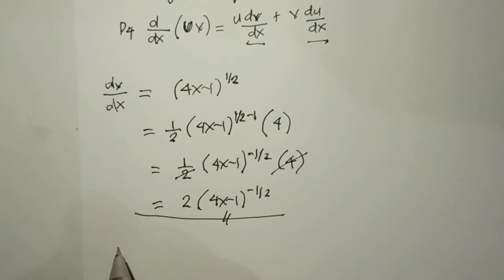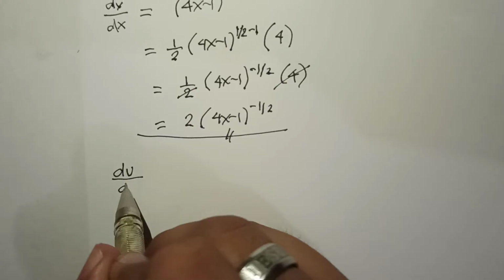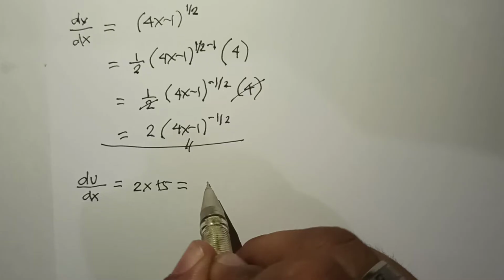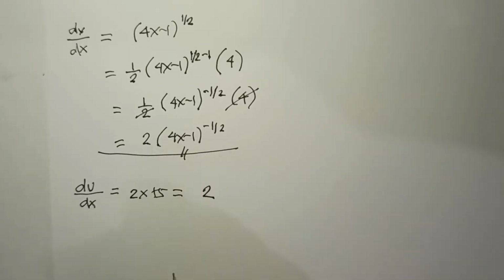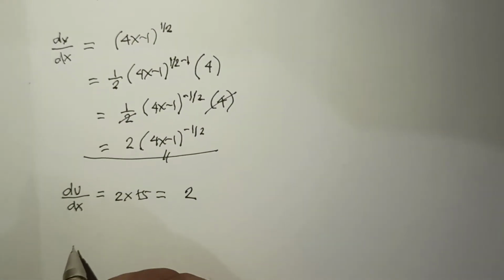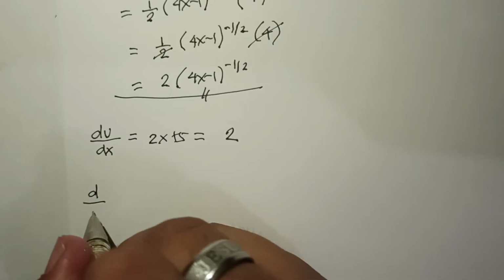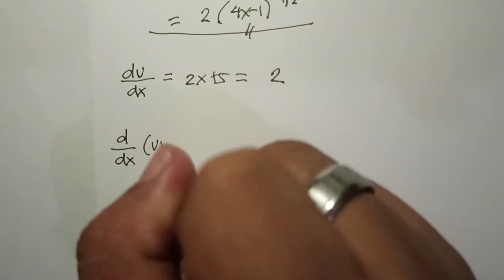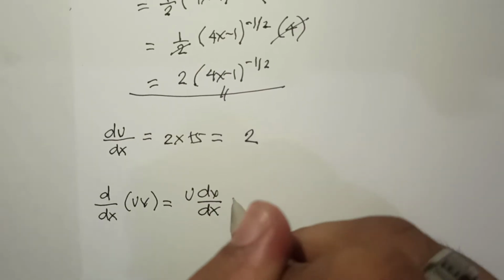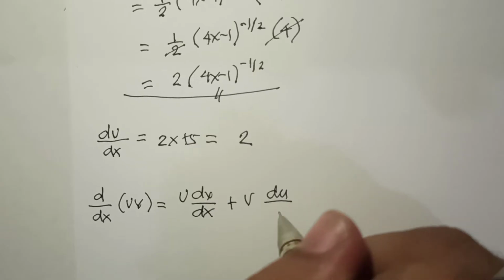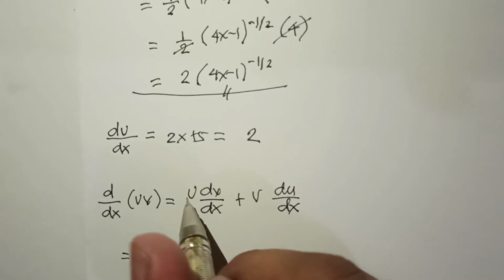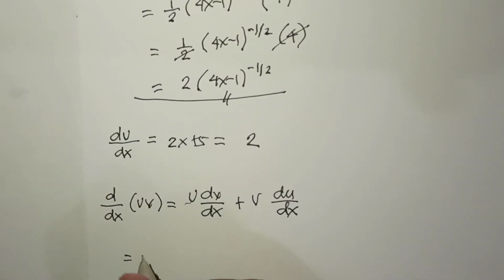So next is the derivative of u with respect to x. For 2x plus 5, the result is equal to 2. Okay, so we will now apply the formula, which is d over dx of u v is equal to u dv over dx plus v du with respect to x. So now we copy paste. What is our u? Our assigned u is 2x plus 5.